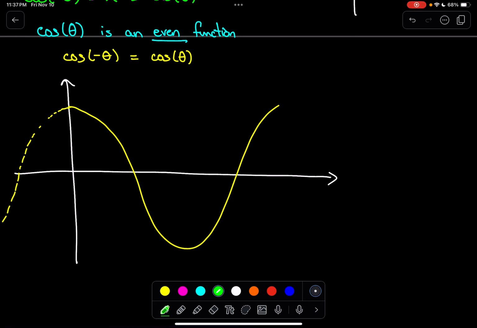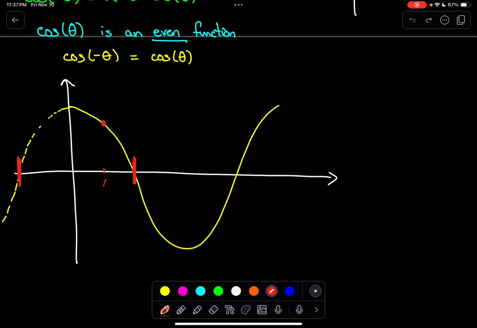No matter where I cut it, if I go over some distance to the right and the same distance to the left, I have perfect symmetry about the y-axis. So if I end up at this x value here and I go negative x in this direction, I'm going to end up at the exact same y value. So visually, cosine of x being an even function checks out.